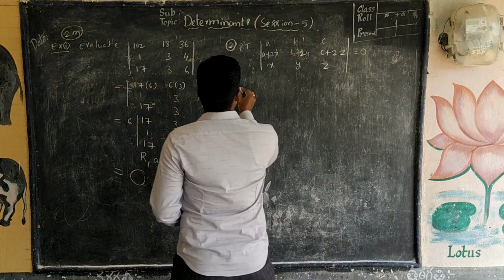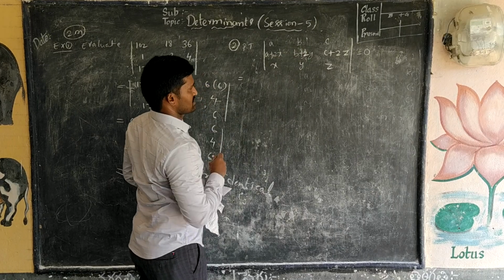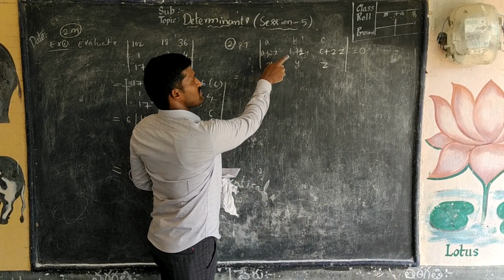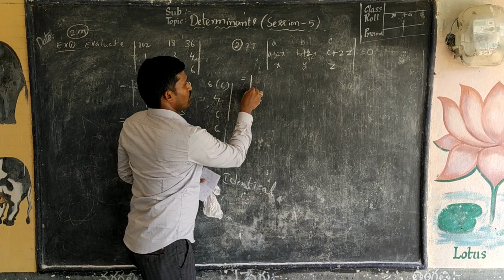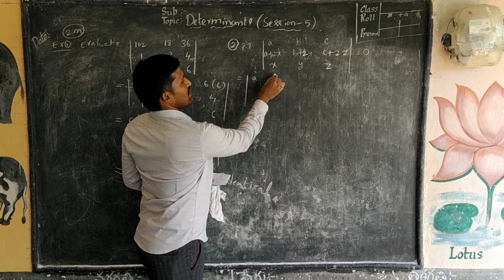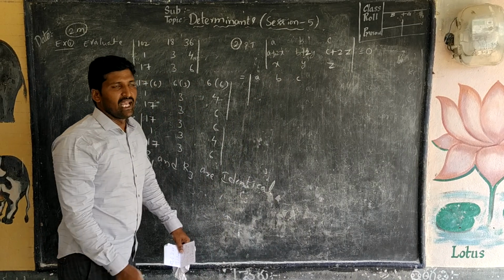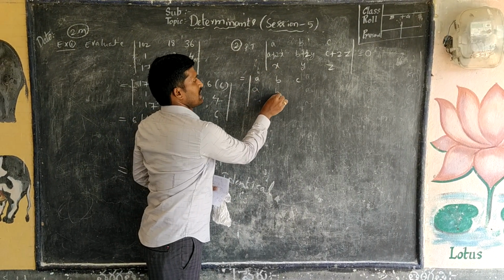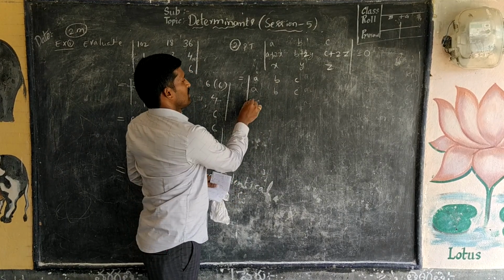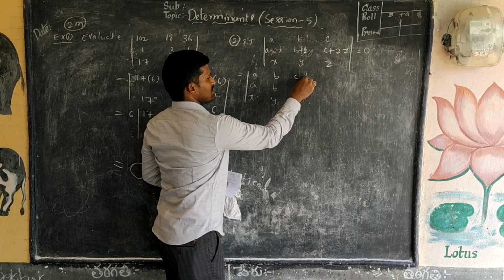We need to get 0. You can split this into 2 parts. How? In the second row, a sum of 2 terms is there. We can express it as a sum of 2 determinants. First row, third row, no changes. A, B, C. In the second row, take the first elements: A, B, C. Third row remains the same: x, y, z.